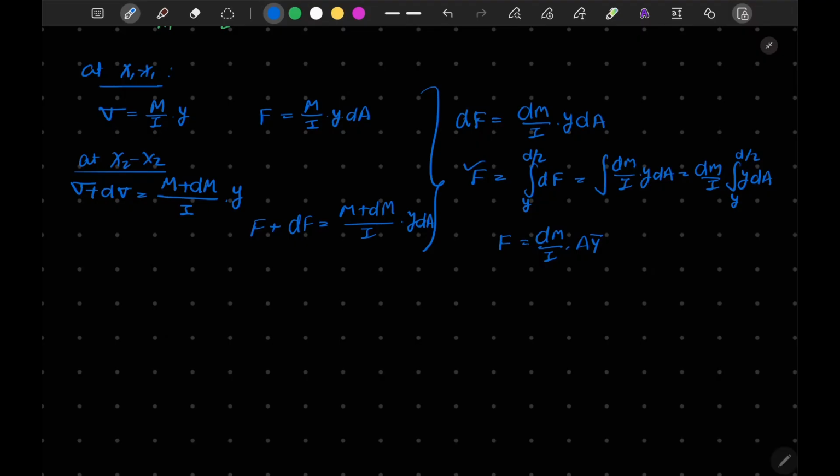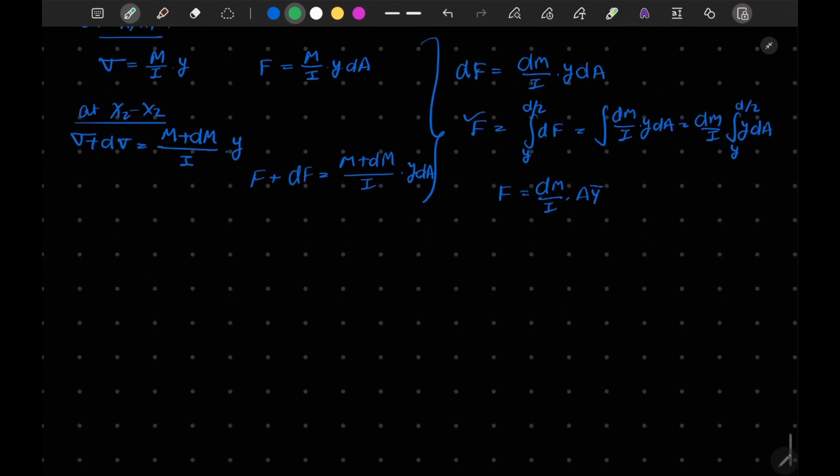Now what we can do, let's say that tau is the shear stress acting on the strip that is at a distance y from the neutral axis and having area dA.